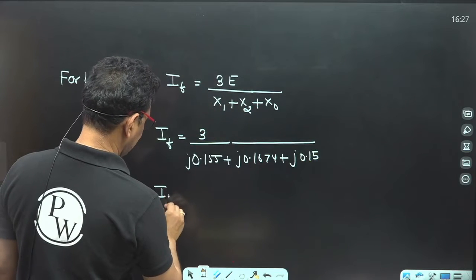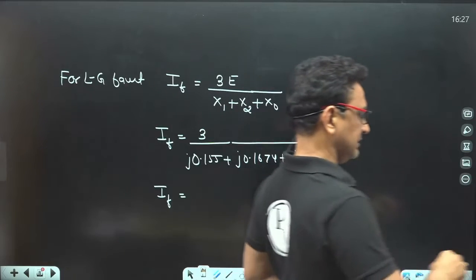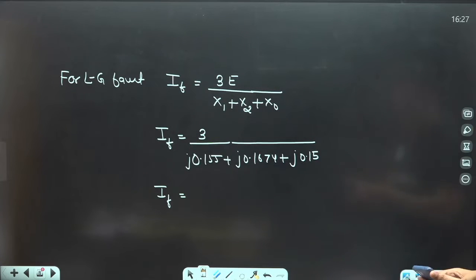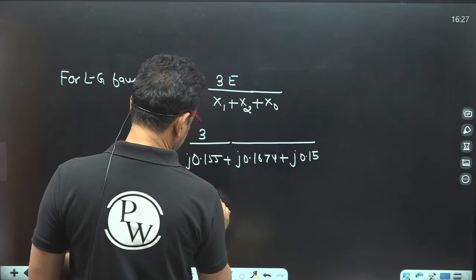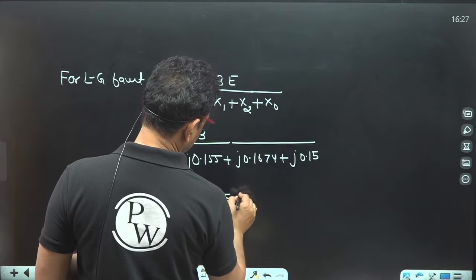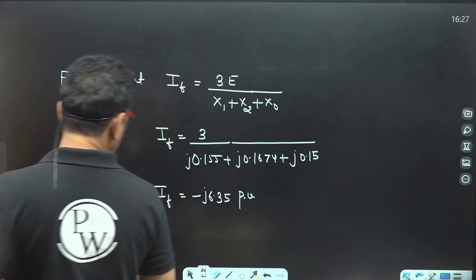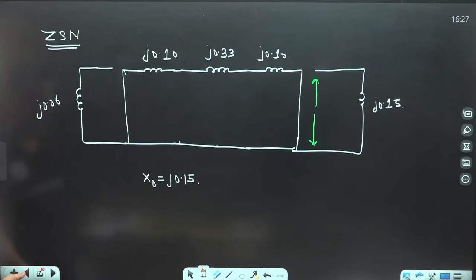So the value of fault current is 3 divided by 0.155 plus 0.1674 plus 0.15. It is nothing but minus j 6.35 pu. So this is the value of fault current, minus j 6.35.